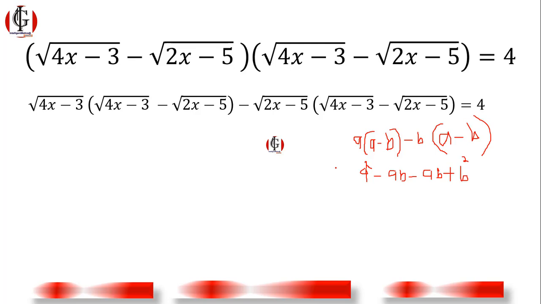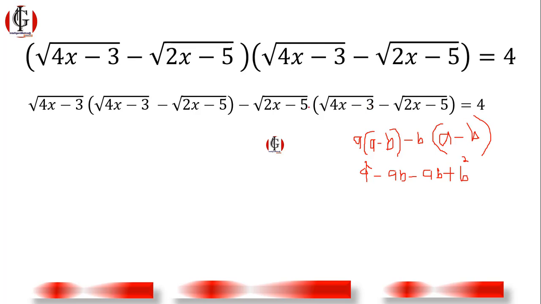Now let's apply this rule. This gives me root 4x minus 3 all squared. Then this results in minus root 4x minus 3 times root 2x minus 5, and the next one is root 2x minus 5 times root 4x minus 3, the same thing.